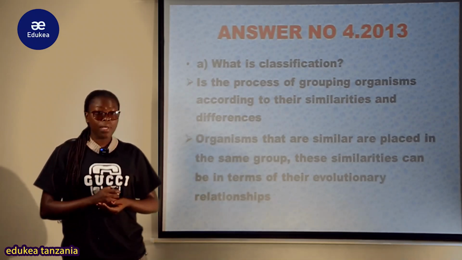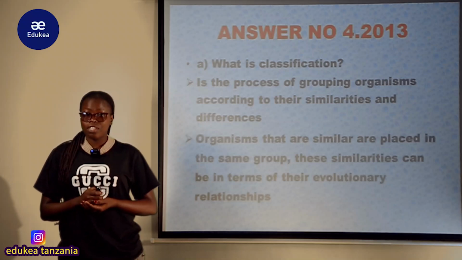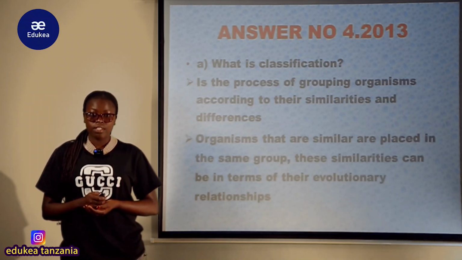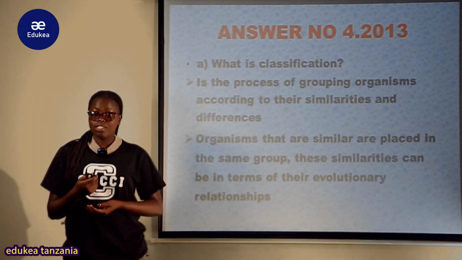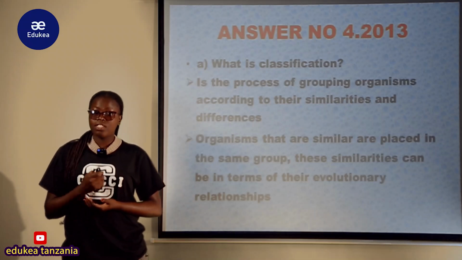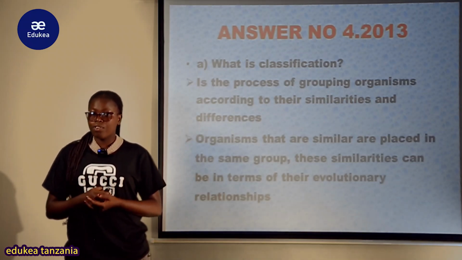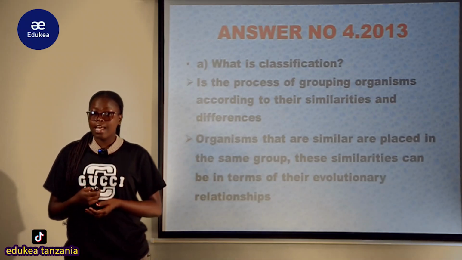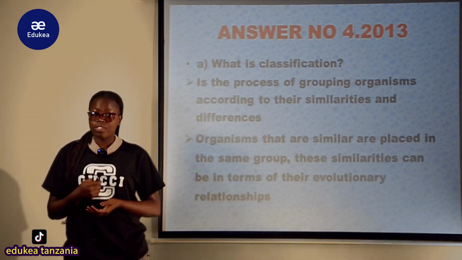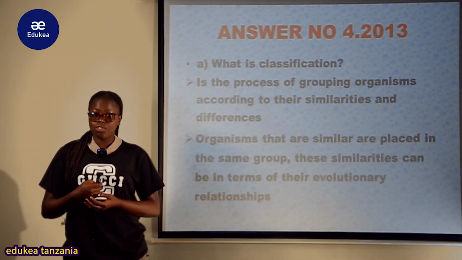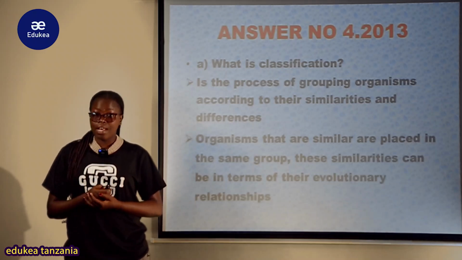And for question Roman B, you are needed to state 4 advantages of the kingdom fungi. One of the greatest characteristics of the members of the kingdom fungi is that they lack true leaves, shoots and roots. Also, they lack vascular tissue.